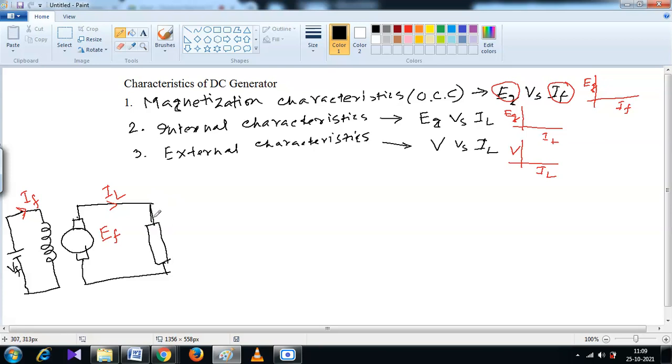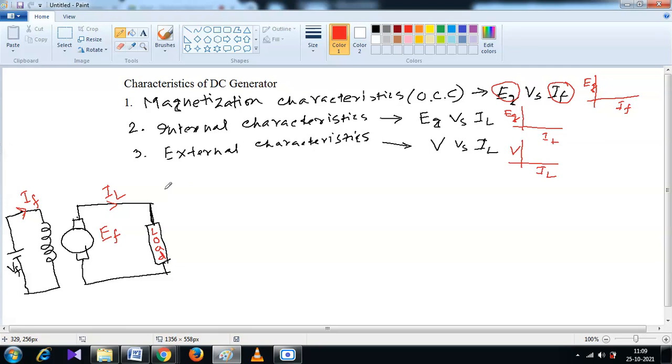These are self-excited. Sir, self-excited and separately excited. Good. There are two types of DC generator based on the types of excitation. One is called separately excited, another is called self-excited.